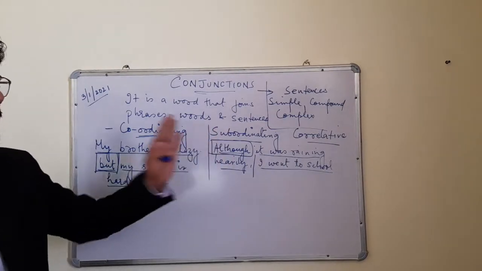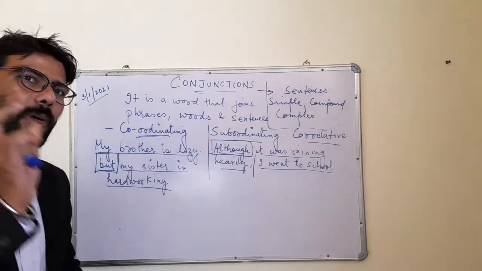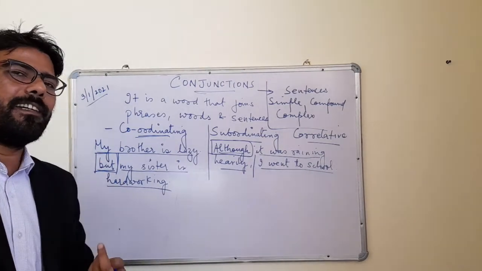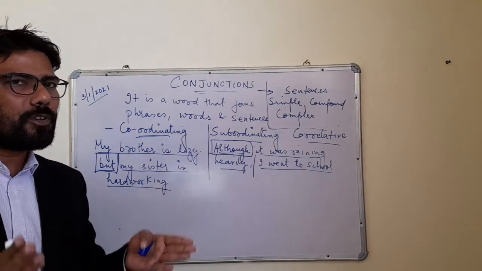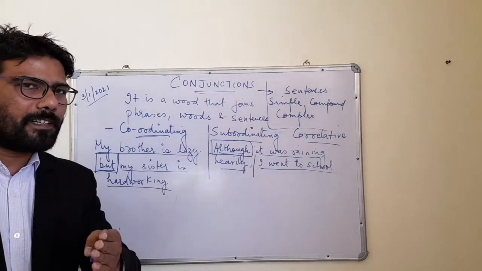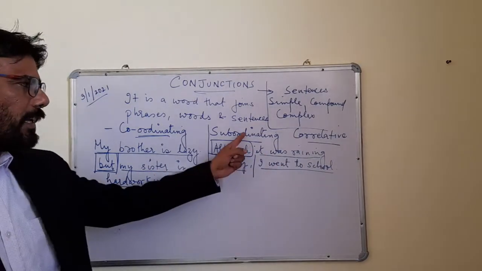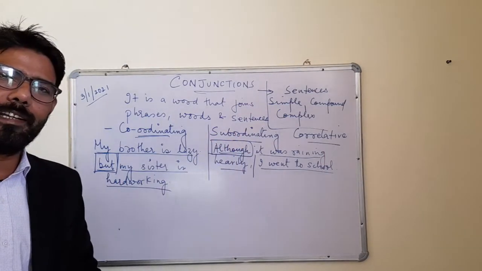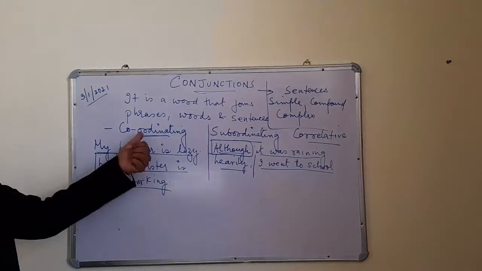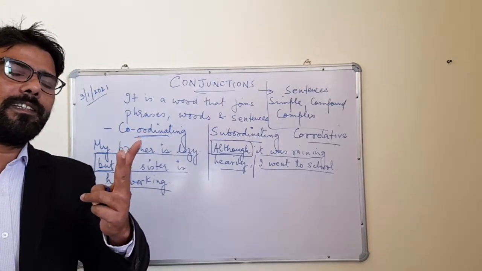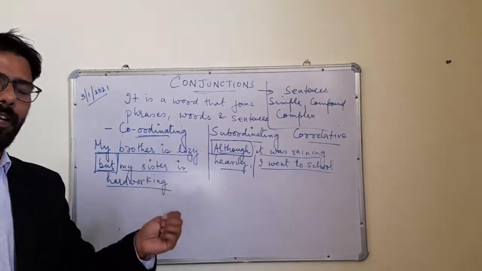So subordinating conjunction means that the word joins two sentences, but one sentence is dependent on the other sentence. In short, one would be a dependent sentence and one would be an independent sentence. This is where the application of subordinating conjunction comes. Coordinating, it's not like that. It is two independent sentences getting joined with that word.